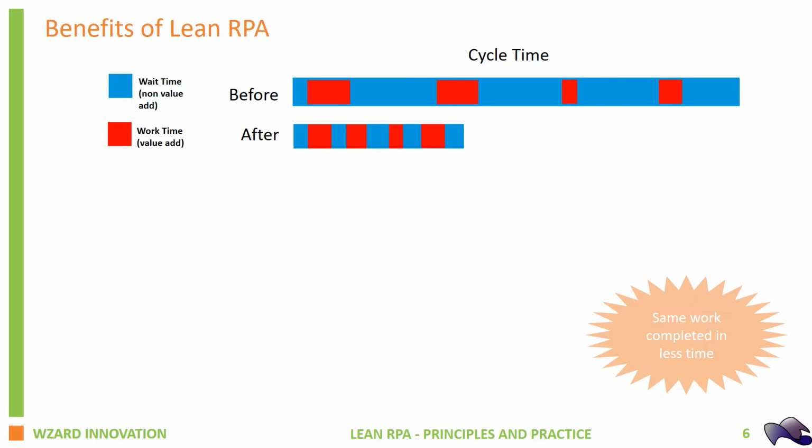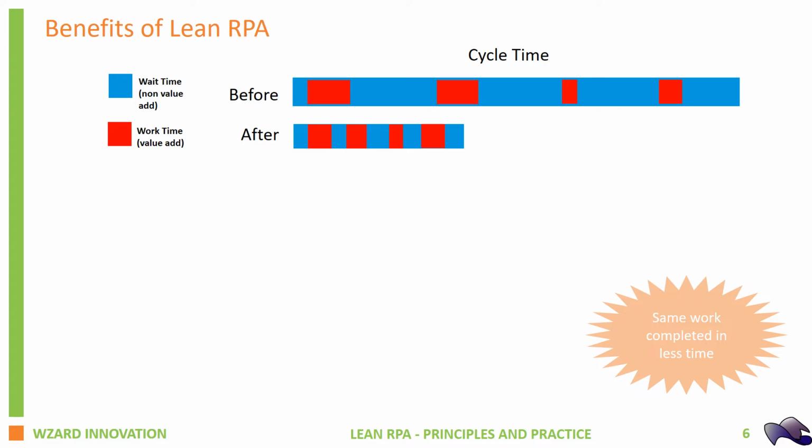This is a slide that's been around for many a year. This part of the slide is purely a lean slide and helps us to demonstrate what we typically see when we start to apply lean thinking to a process. We look at a process, the blue line, and that's the timeline from beginning to end of a piece of work as it goes through a process. The red blobs then are the value-added work that's completed throughout that timeline.